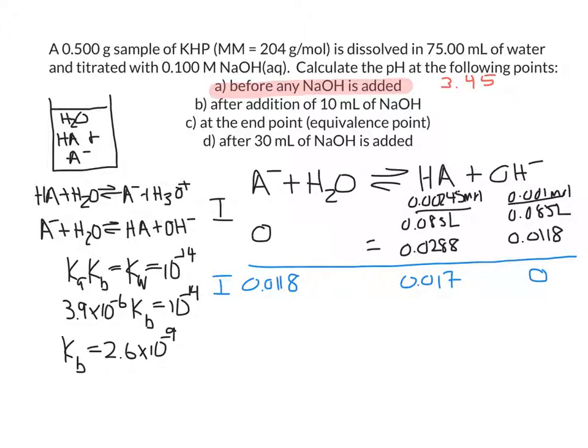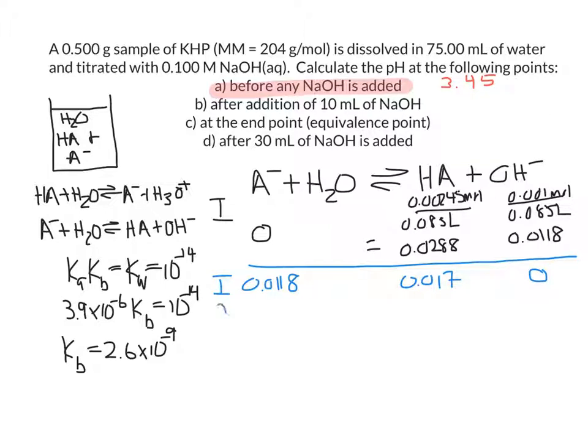And now I can see that when I go to equilibrium in order to make some OH minus, X will represent the amount of OH minus that I've made, and X will be small because Kb is small. And if X is small, I can ignore it relative to this concentration and this concentration.